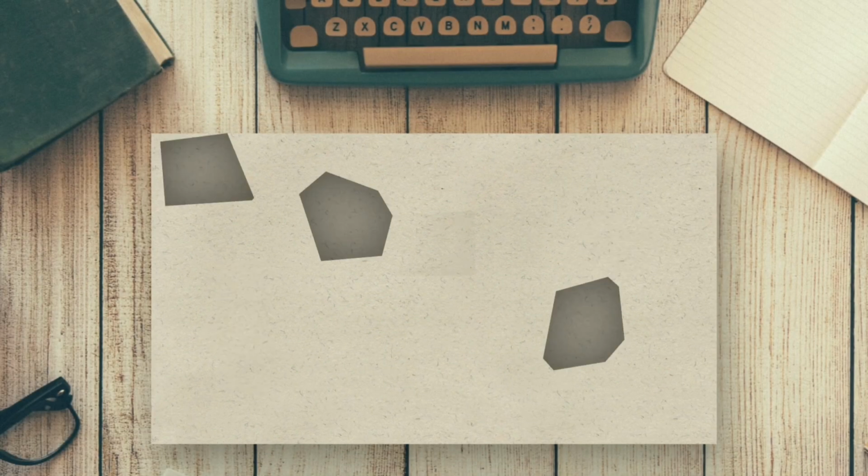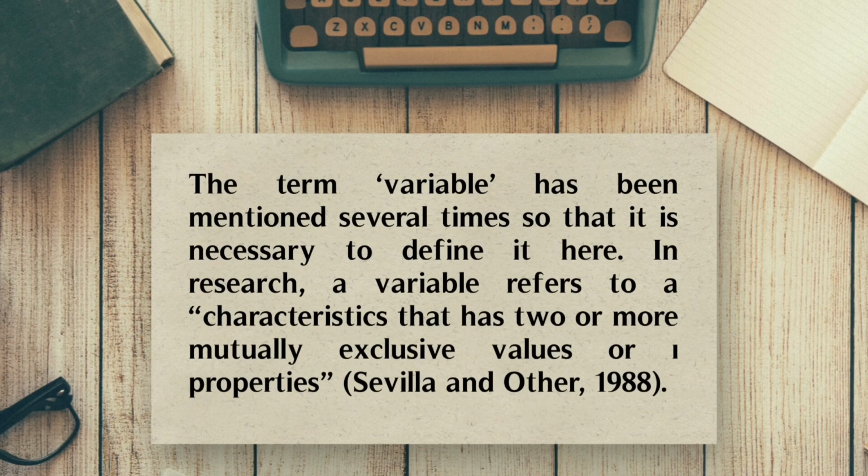Alright, so the term variable has been mentioned several times, so it is necessary to define it here. In research, a variable refers to a characteristic that has two or more mutually exclusive values or properties. That is according to Sevilla and others, 1988.